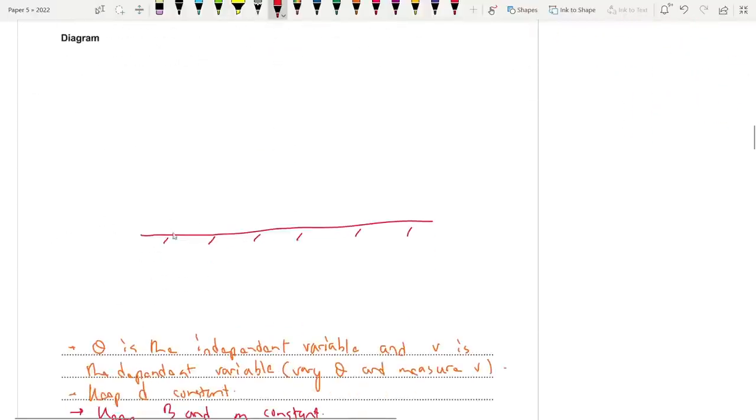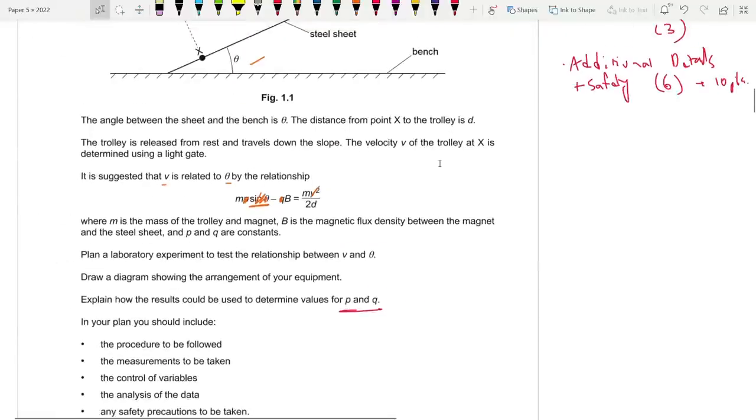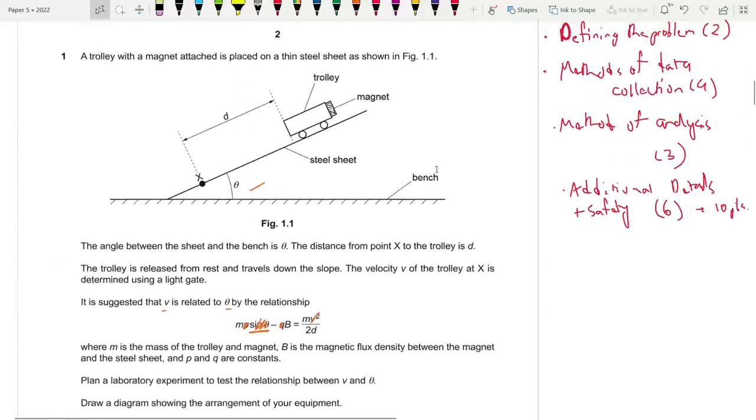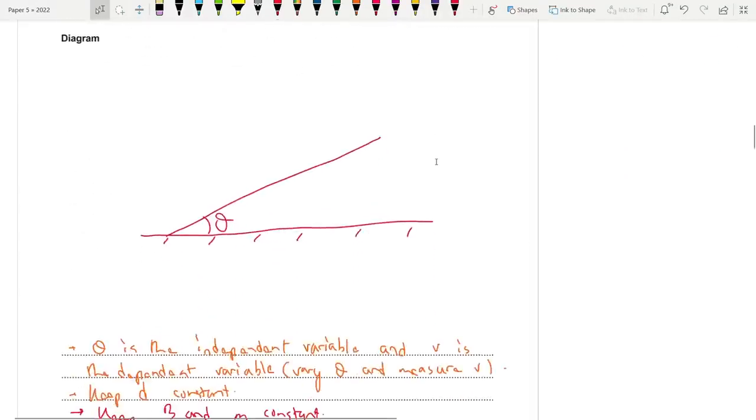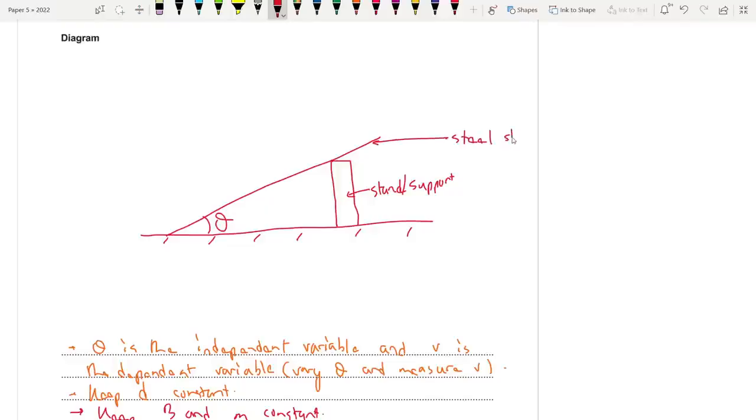Clearly it looks like the steel sheet is levitating. So what's missing? A support. We just need to make sure that a stand or a support is given. We are also going to label the steel sheet.